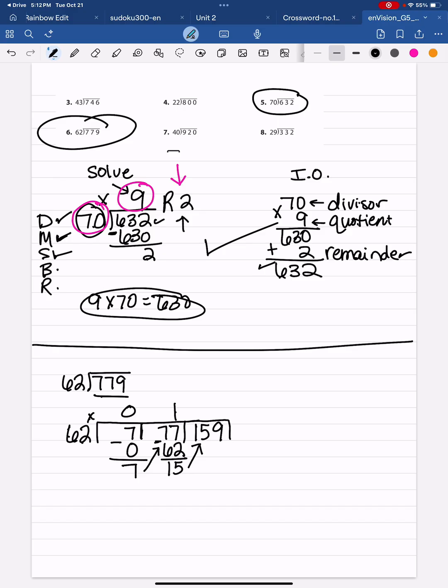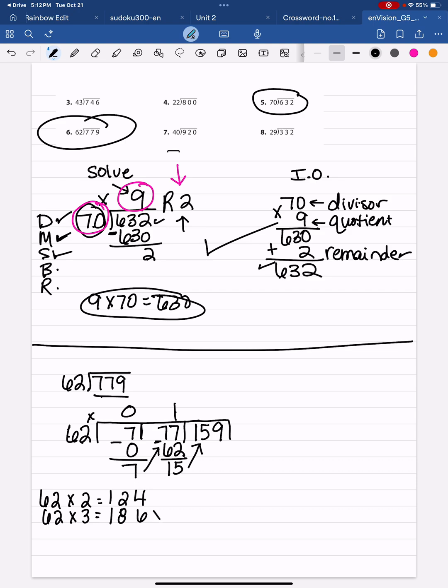62 will go into 159 how many times? Well, let's make some multiples of 62 and see. 62 times 2 is 124. 62 times 3 is 186.